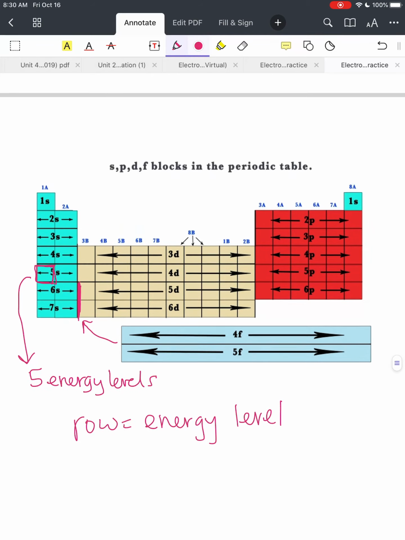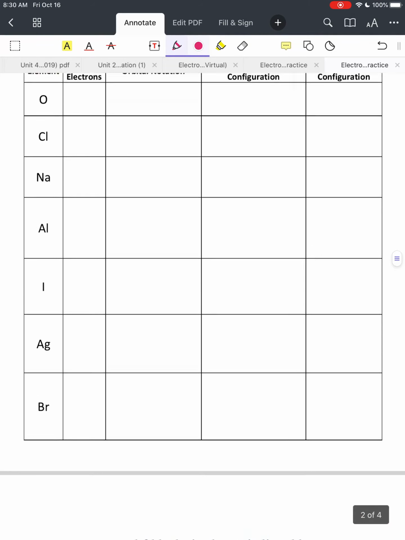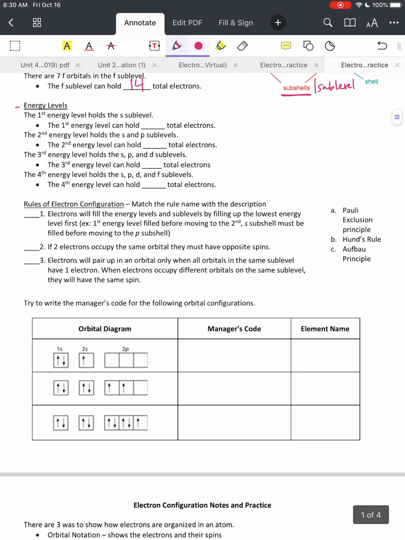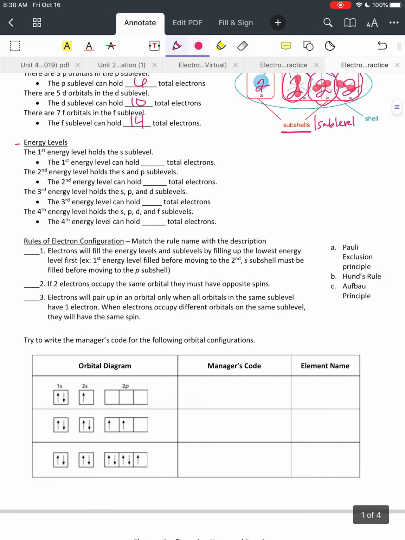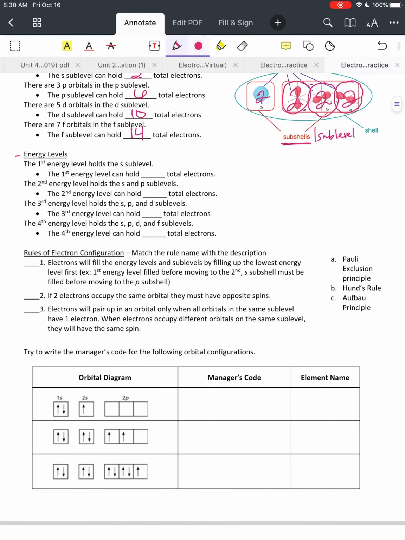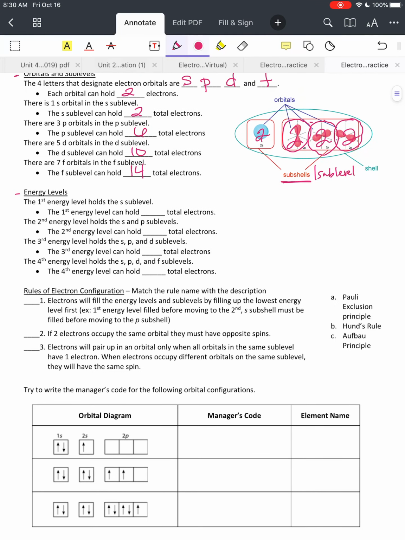If I'm looking at your notes sheet, sorry, we'll have to scroll back up. It's saying, well, if my first energy level only has the S sublevel, how many total electrons can it hold? S only can hold 2, so this energy level can only hold 2. The second energy level has S and P. S holds 2, P holds 6, so that energy level can hold 8 electrons.